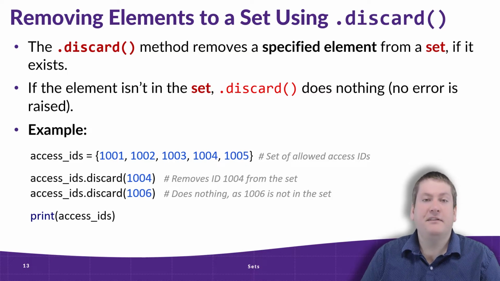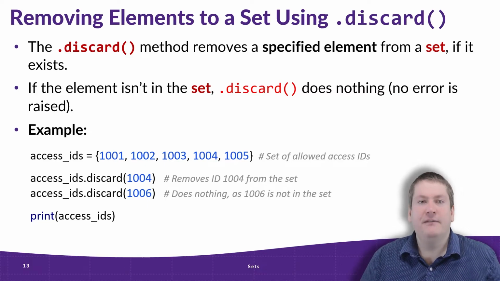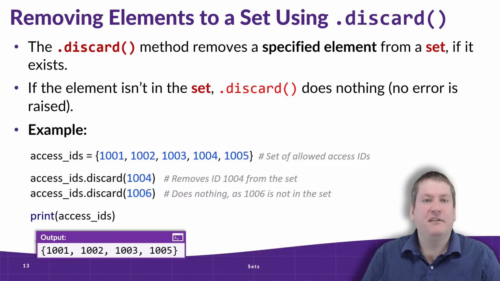In this case, access ID 1006 doesn't exist in our set, so nothing happens. The set isn't updated, no errors given, we just move on to the next line, which is going to be printing out the values of the set. And we get probably what you expect, all the access IDs from the original set, except for 1004, which was removed. Removing 1006 had no effect because it didn't exist in our set.